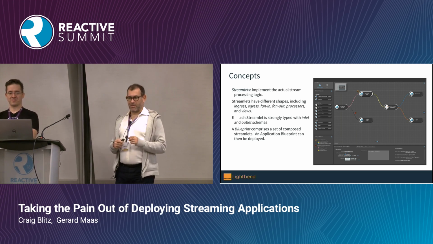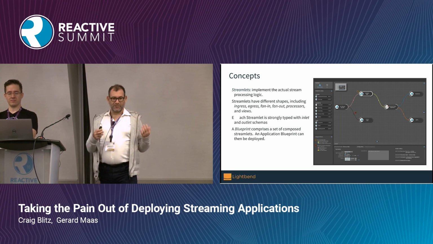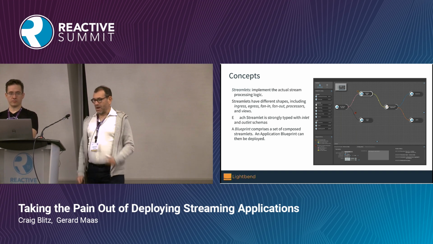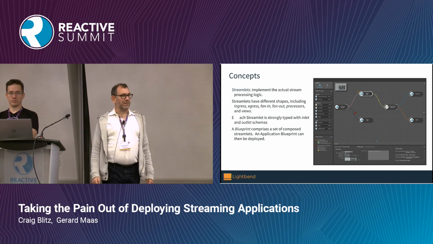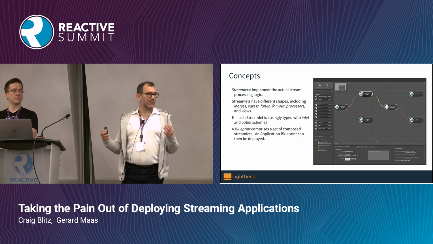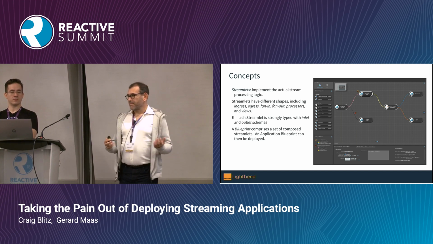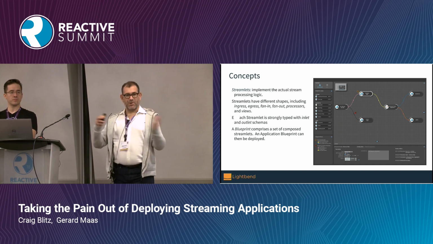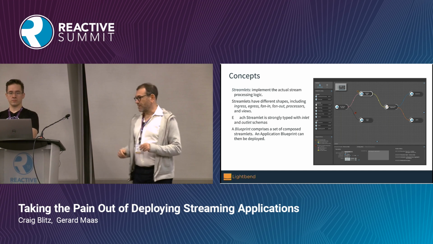Something that we do. We have strongly typed schemas where we check at compile time. And then finally, we have the notion of a blueprint. A blueprint is just a file that represents how your streamlets are wired together. Blueprints are edited locally, and then you can deploy them, targeting a cluster.